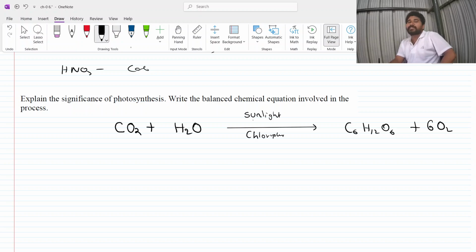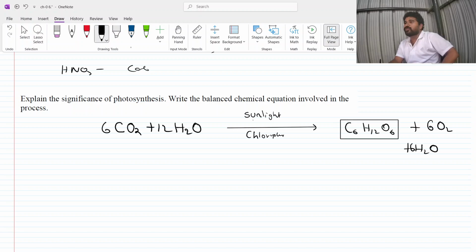Now balance it. Balance it. 12H2O, 6. That's it. See, one glucose molecule only formed.